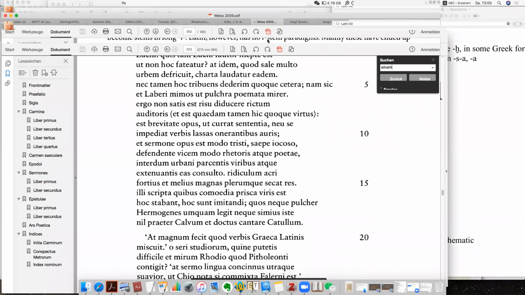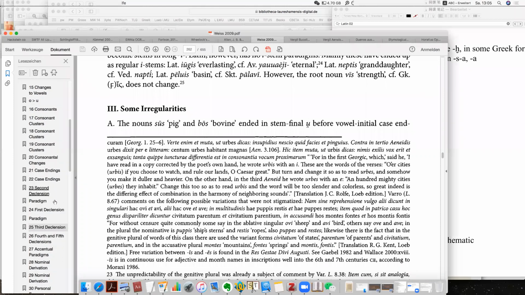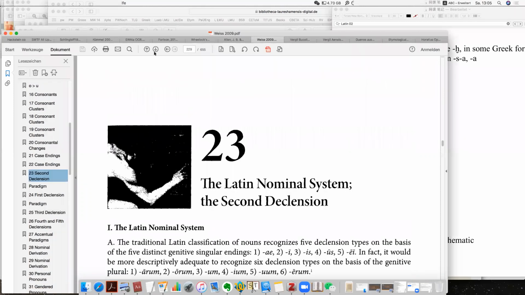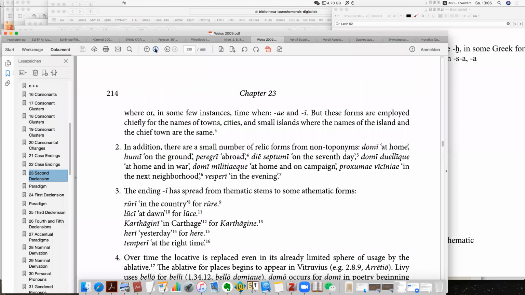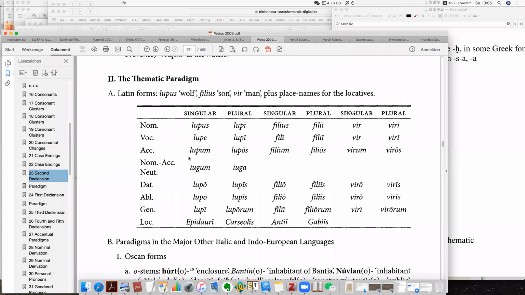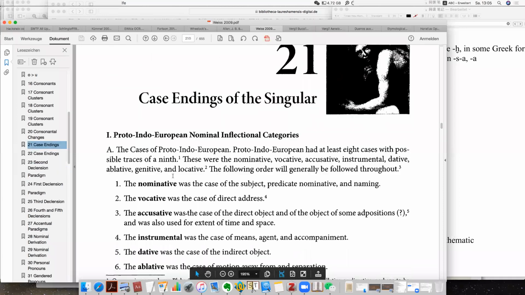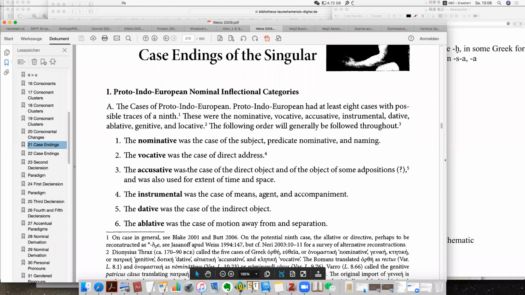I think we talked about the case endings last time, the case endings in Latin.